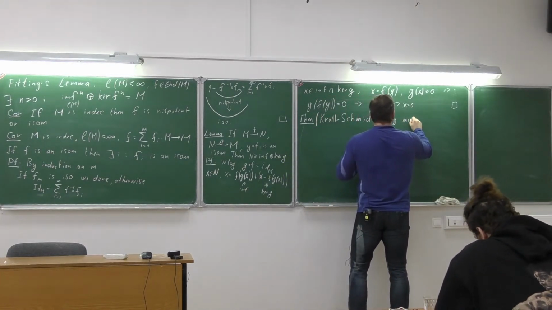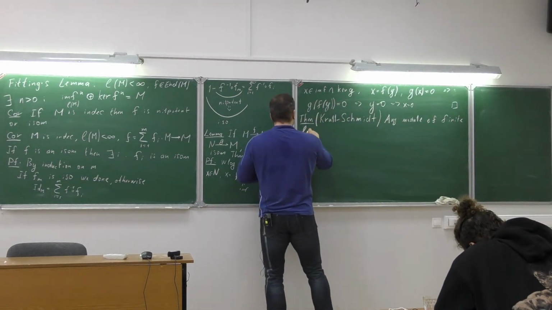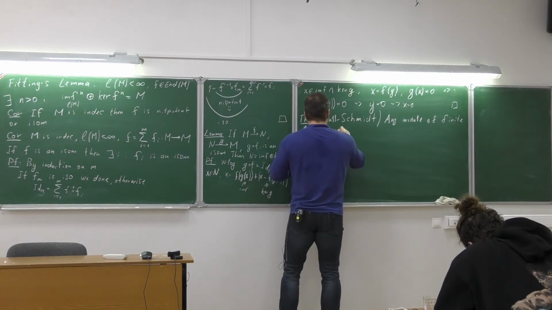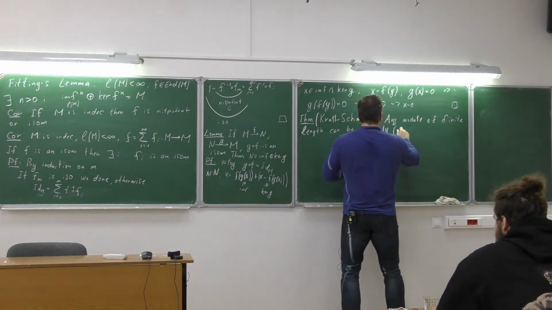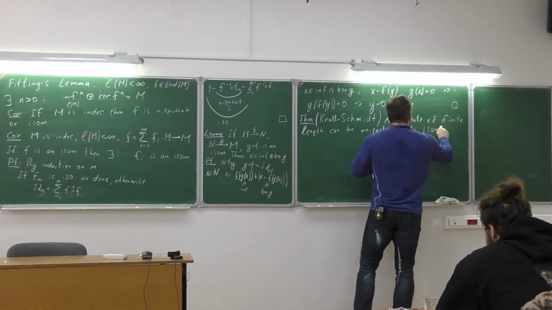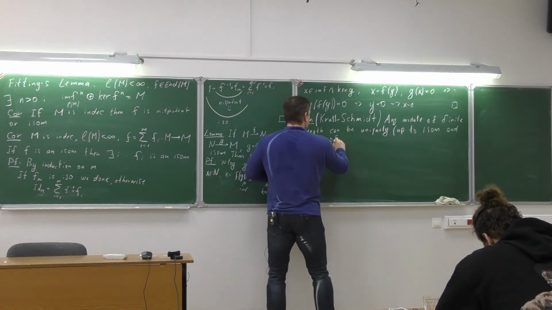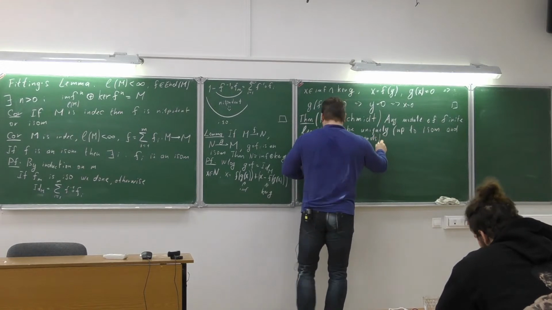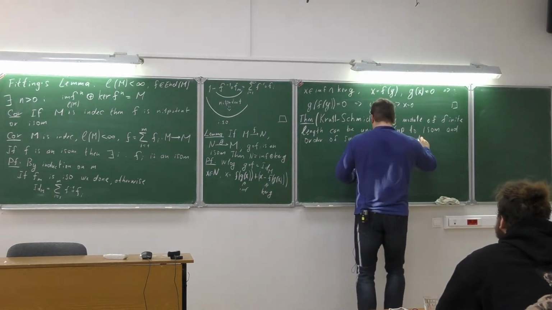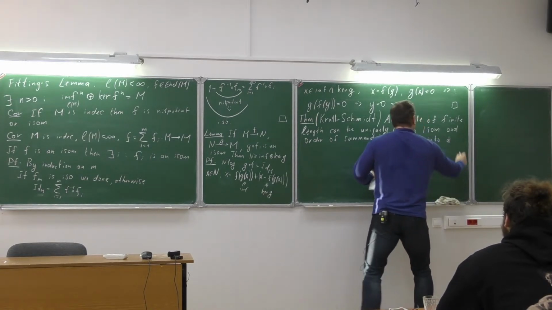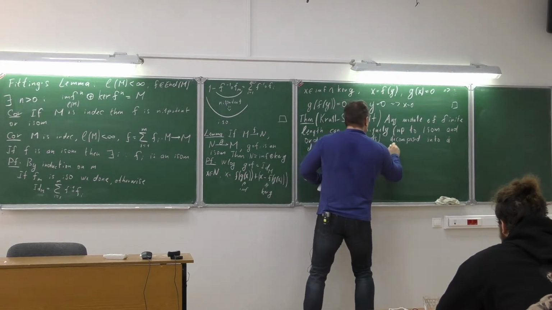Any module of finite length can be uniquely, of course up to isomorphism and permutations of summands, so let me say on the order of summands, decomposed into a direct sum of indecomposable modules.